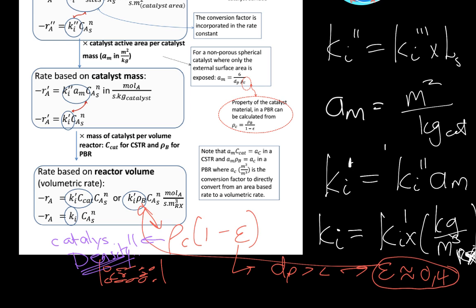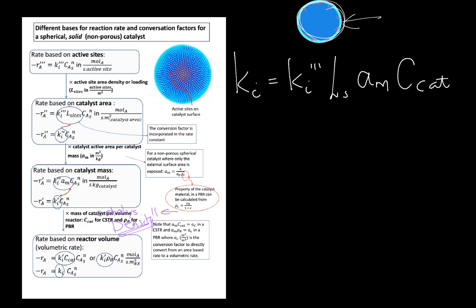We are going to assume that this protocol holds and that our packed bed density is constant regardless of our particle diameter, and in fact it goes to the asymptote for spherical catalyst particles where that bed porosity is 0.4. If I run the calculations in reverse, I can therefore show that my volumetric rate constant for a CSTR is equal to this true intrinsic rate constant, Ki triple dash, which says how much gets converted per active group that I have present.